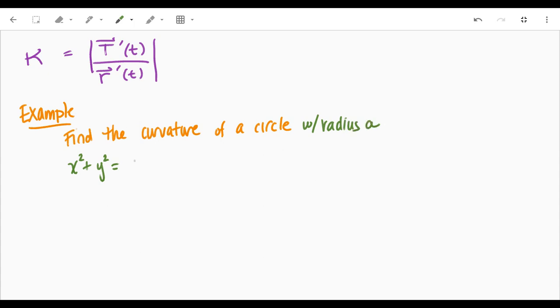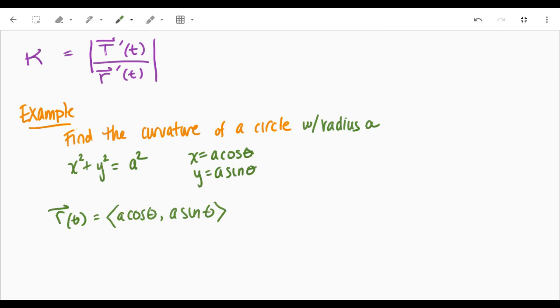That's your rectangular equation. For a circle, your parametric equations would be x equals a cosine theta, y equals a sine theta. So your vector function for a circle, r of theta, and we could just as easily use t there, equals <a cosine theta, a sine theta>.